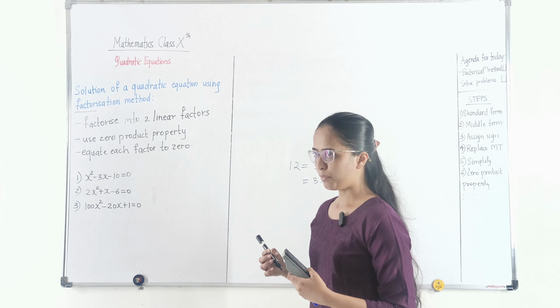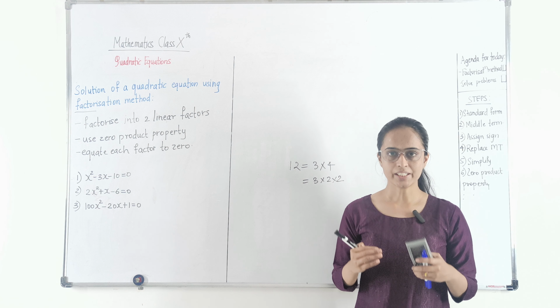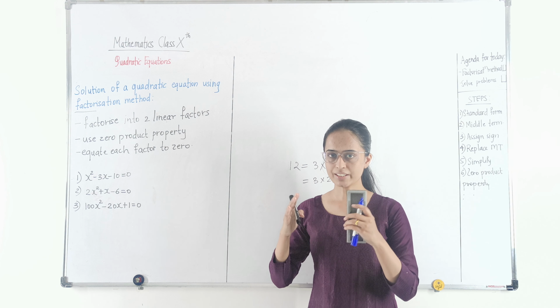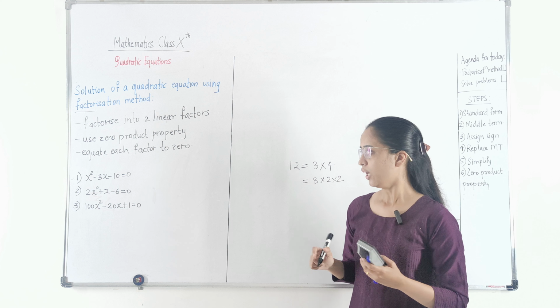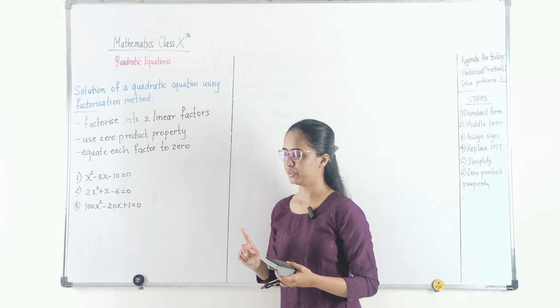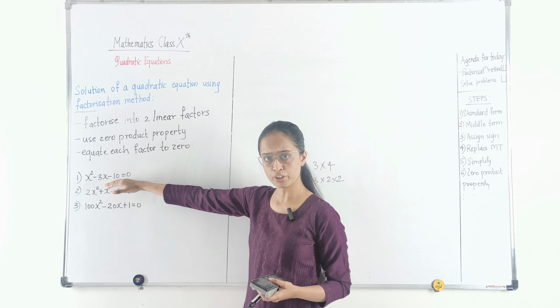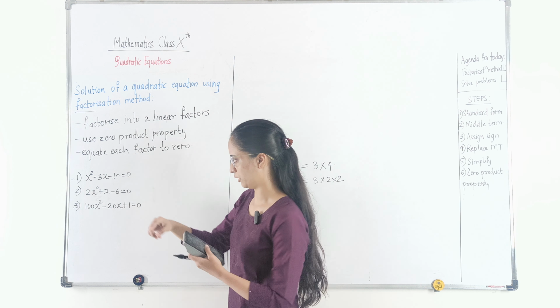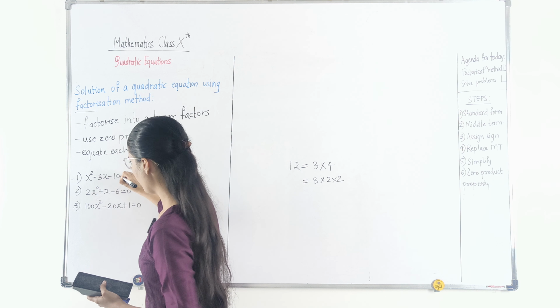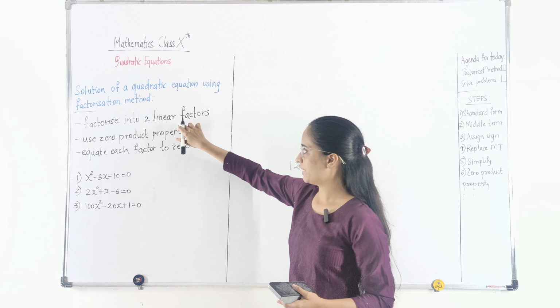So whenever you talk about factorization, it is basically expressing something in its product form, and that is why in this problem you would try to convert the given equation into 2 linear factors.